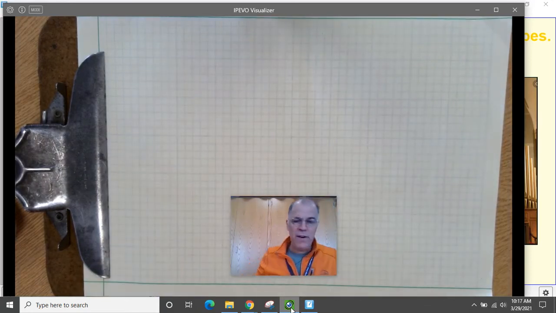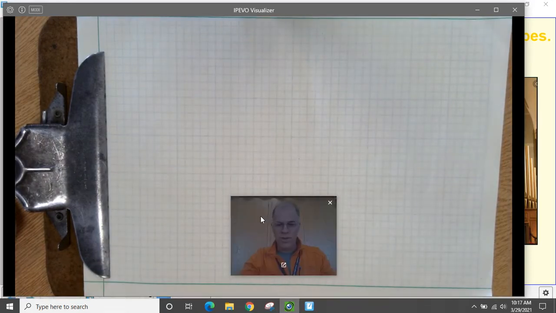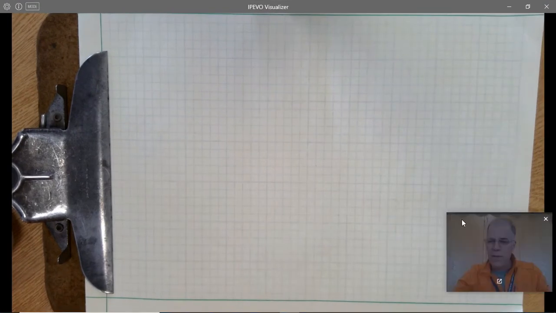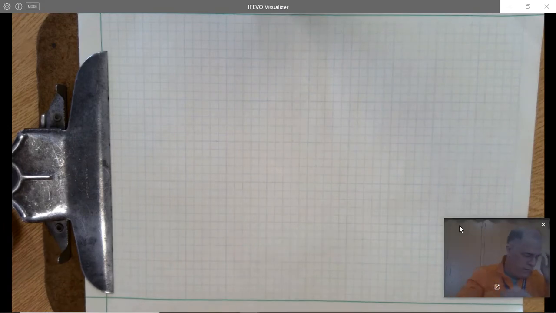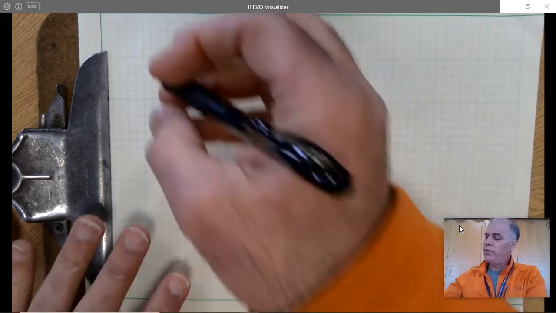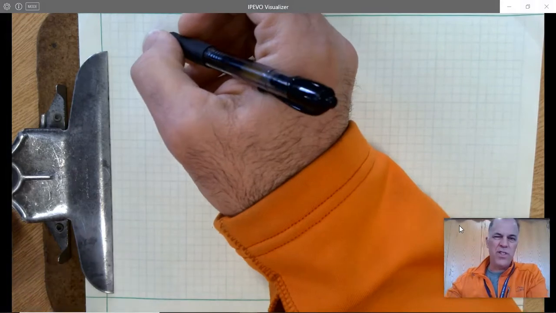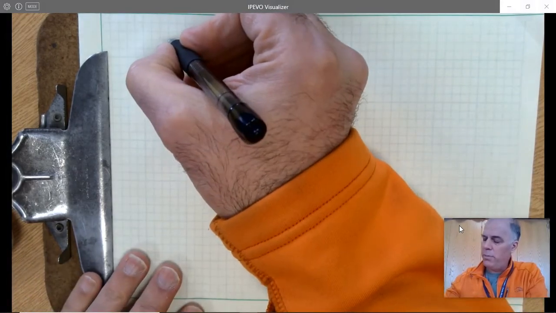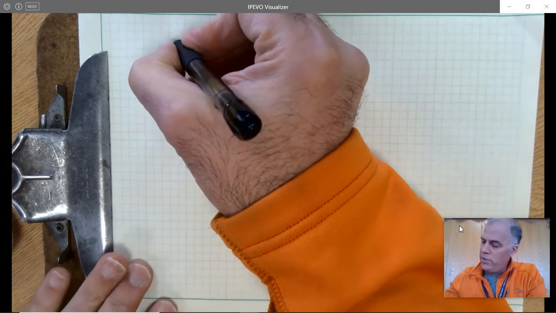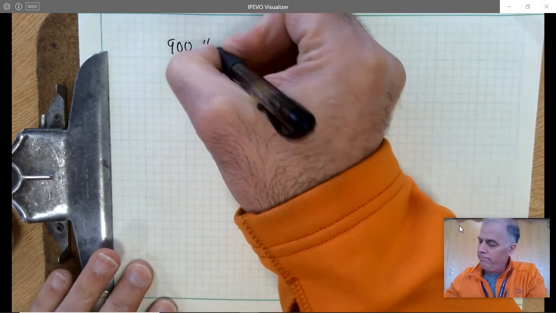Okay, so let's figure out how we can do some math with this, because what good is physics without math? What we're going to do is figure out how long an organ pipe has to be to produce a certain tone. Suppose we want to make a musical instrument. It doesn't have to be an organ, but a musical instrument that is going to have a frequency of 900 hertz.